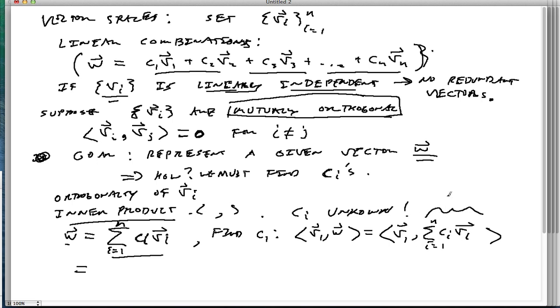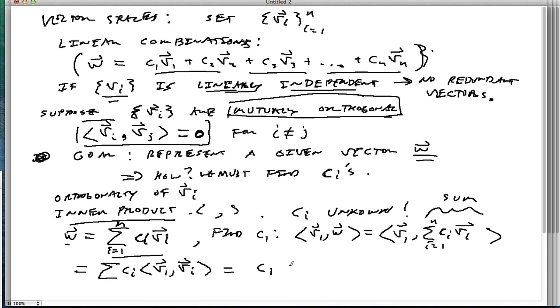Again, that is a giant sum, so it can pass through that entire sum, so that the sum can go outside. And remember, scalar multiplications pass right through as well. So ci does that. And then we're left with only v1, comma, vi. And now remember the orthogonality property right here. All of these are 0 except for one of them. That becomes c1 times the inner product of v1, v1. That's the only inner product that's left that's non-zero.